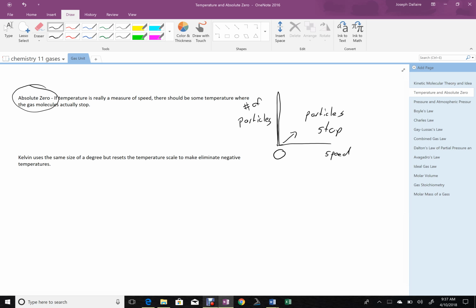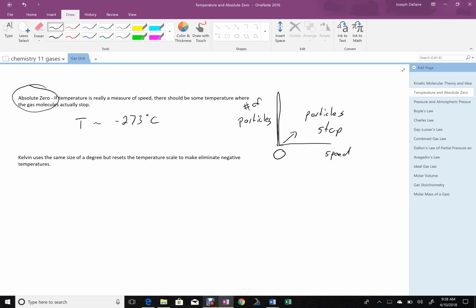The guy that did the work on this was named Kelvin, and he came up with this temperature. This is approximate, but at negative 273 degrees Celsius, which means then that minus 273 degrees Celsius represents when the particles stop, or it is the real minimum temperature that can ever exist.